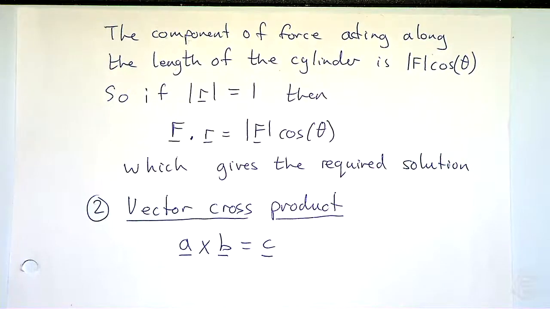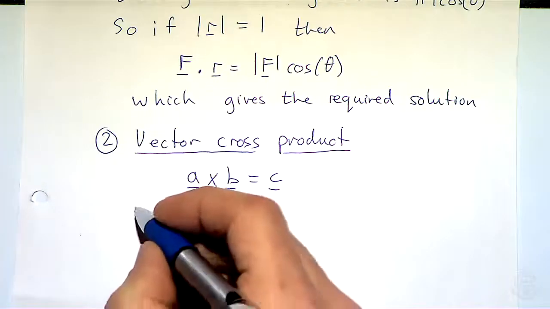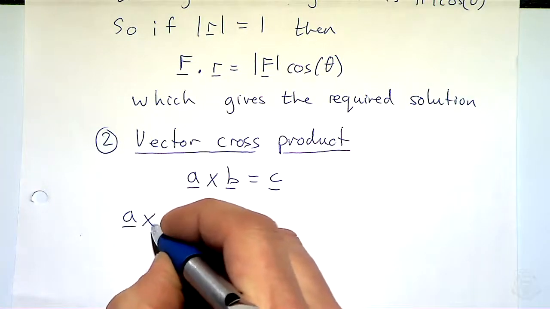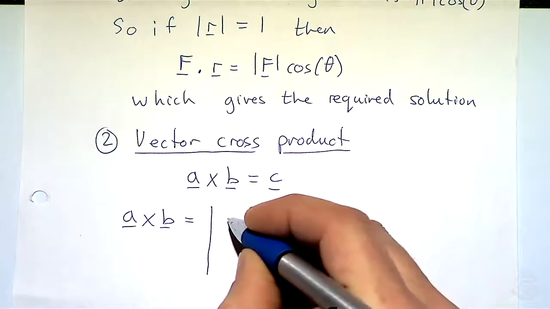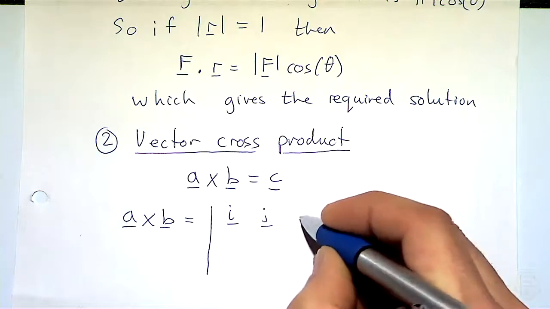And I'm sure you've already done this in your maths many times. What we tend to do is write out the cross product like this: A crossed with B. We can write down a determinant with i, j, and k along the top.